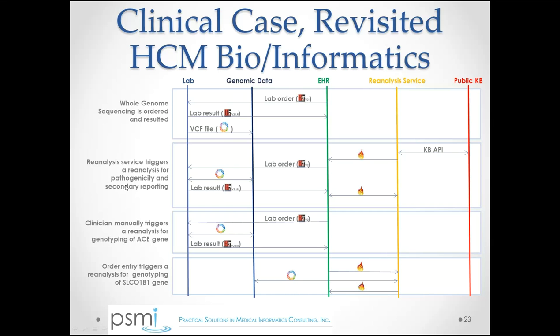So here's a case where a reanalysis service triggers a reanalysis for pathogenicity. The variants were of unknown significance a year ago, but now they're known to be pathogenic. Or this reanalysis service triggers a reanalysis because ACMG has updated their list. ACMG has now said that you should also report these 3 findings.